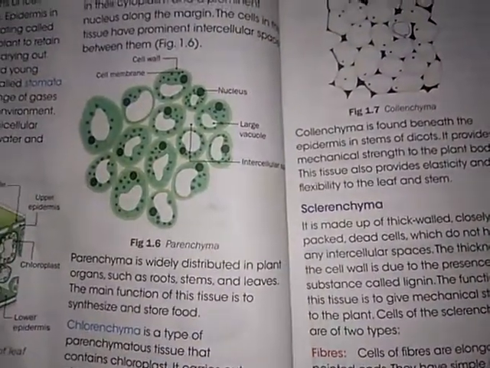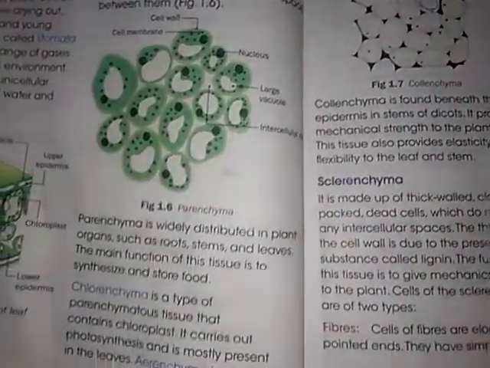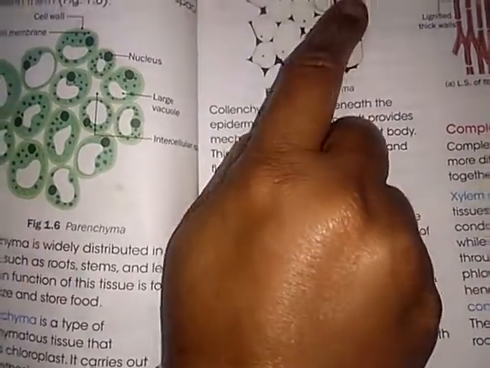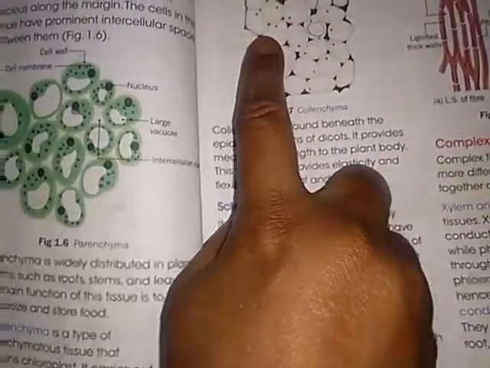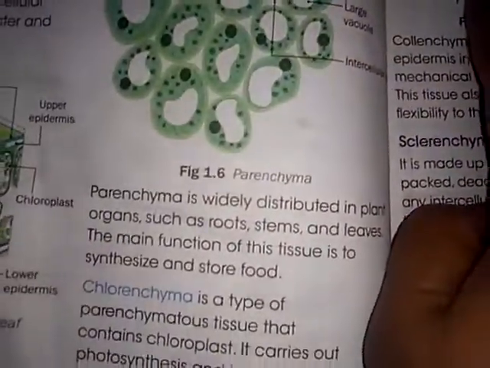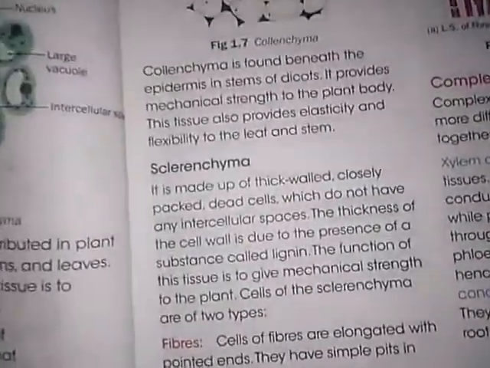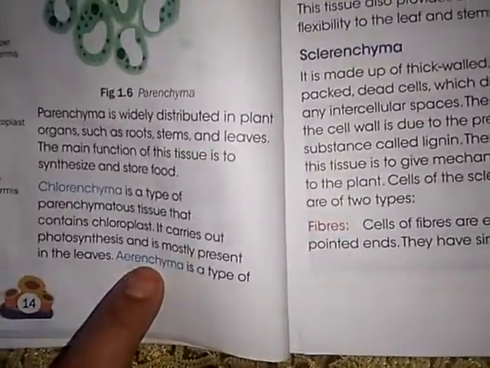This type of tissue is made up of oval shaped cells. Oval means like an egg-like structure. Again, listen.